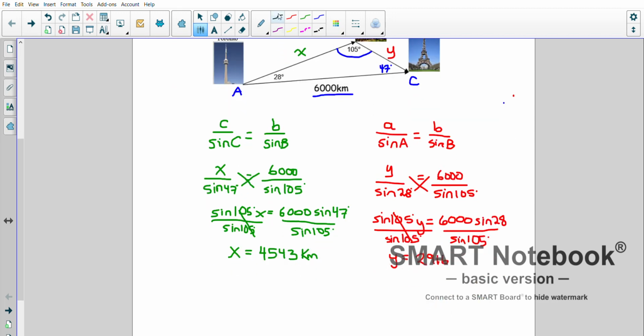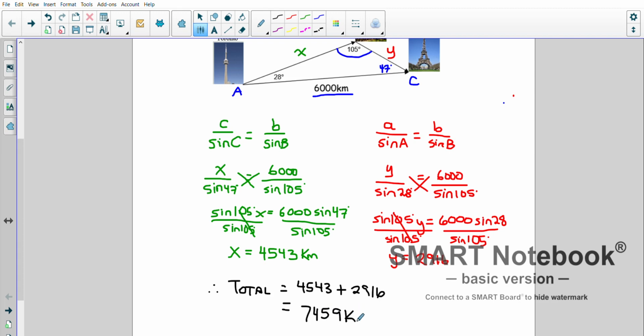Okay, so therefore the total journey is going to be, if I add those, 4,543 plus 2,916, you get 7,459 kilometers. So that's how far it's going to take if you do the stopover.